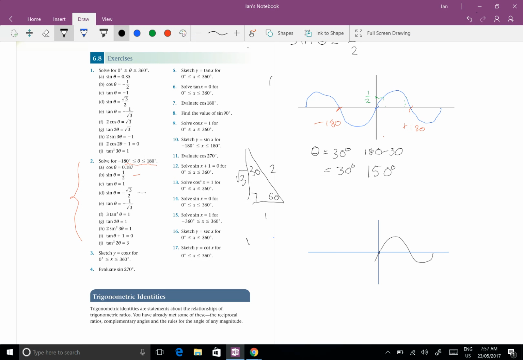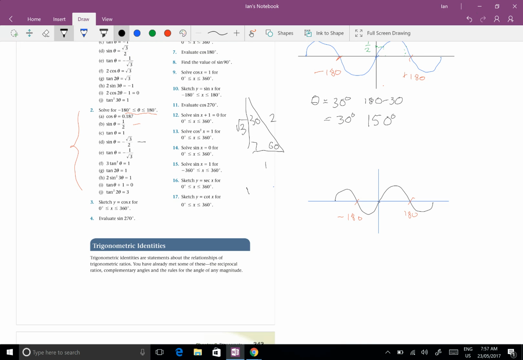So there's a positive side, there's a negative side, and again we're going from 180 to minus 180. And this time our equation is sine theta equals minus root 3 on 2.